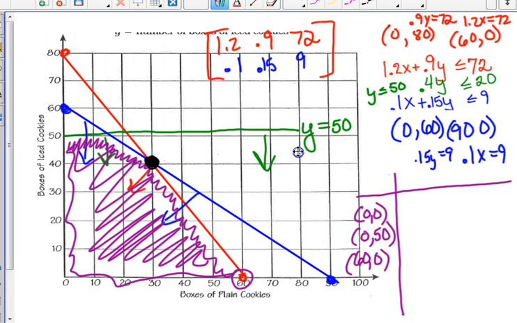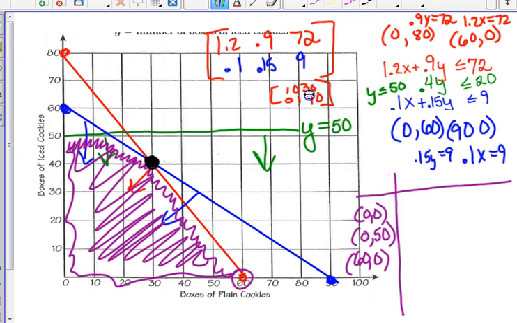Can you do RREF for that? I have it in my calculator already. It becomes a little matrix that says 1, 0, 30, 0, 1, 40.